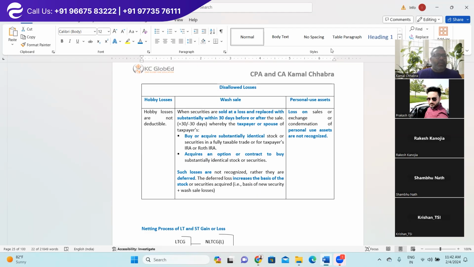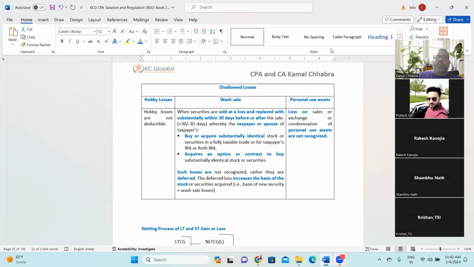In the same way, if there are any expenses you have incurred for the hobby, let's say you purchase a guitar or a piano, or you invest some money going to a particular place for singing, you cannot claim those expenses or deductions, because that is personal in nature.